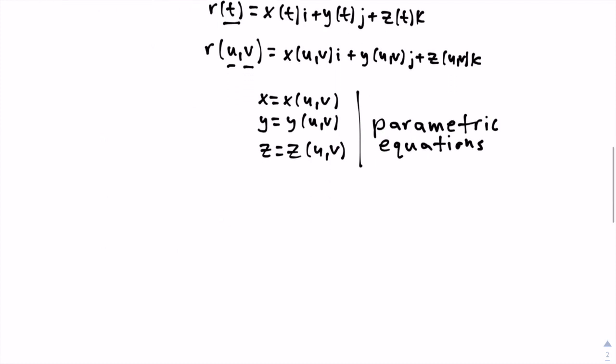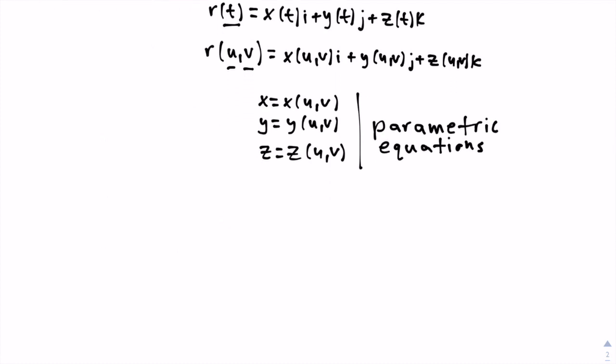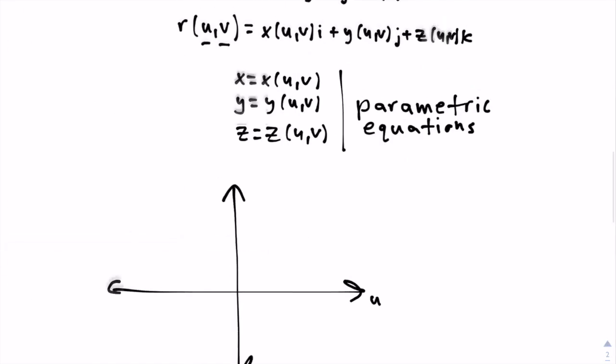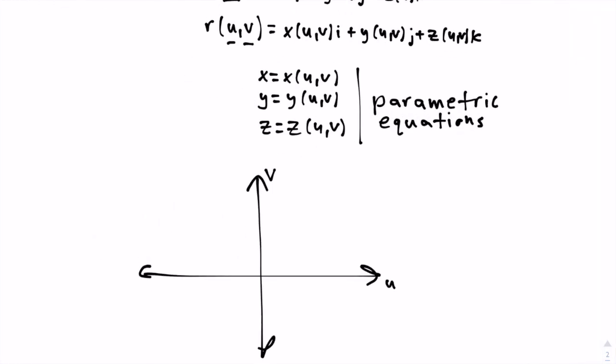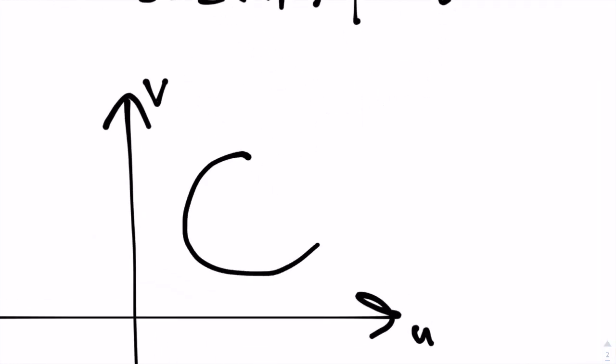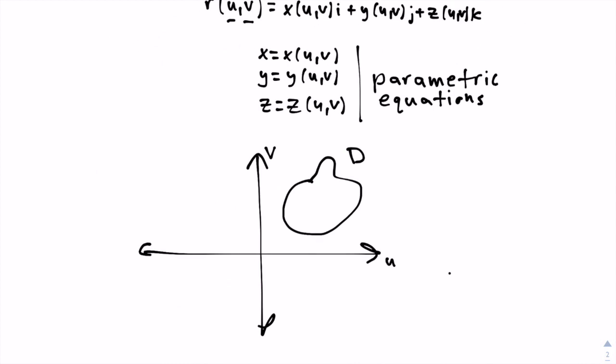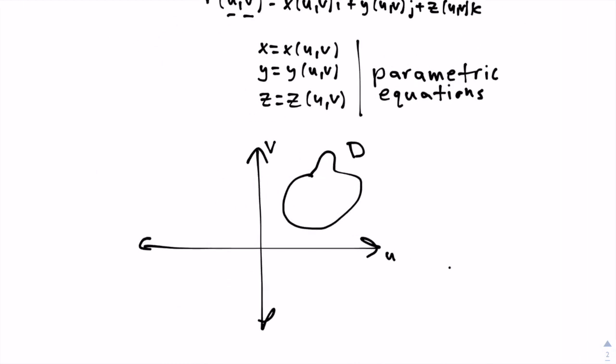Now going back to our region D, over which r is defined, if we draw it out by drawing our uv plane, let's label our axes like that. We can define any region D, as I will do right now, and we can label that D. What this tells us is that we can define any points in this region D in terms of u and v.